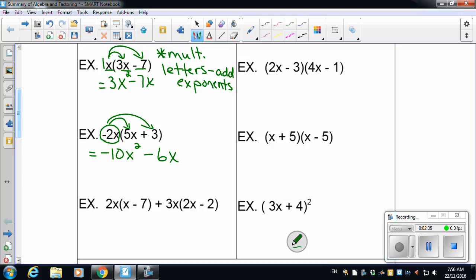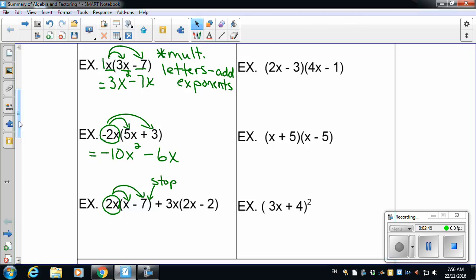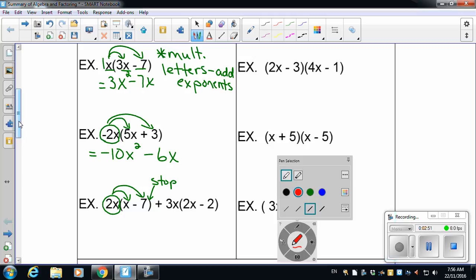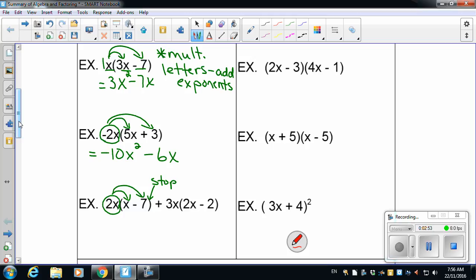And then the last one is just kind of 2 of the previous example put together. So if I have 2 of them, there's my bracket. I'm going to multiply both of those by 2x, but then I hit another bracket, and that bracket tells me to stop multiplying by 2x. And then I move along and I have a second bracket. The second bracket tells me I'm going to take what's in front of it and multiply both of those by something different. And then I hit another bracket that tells me to stop multiplying.